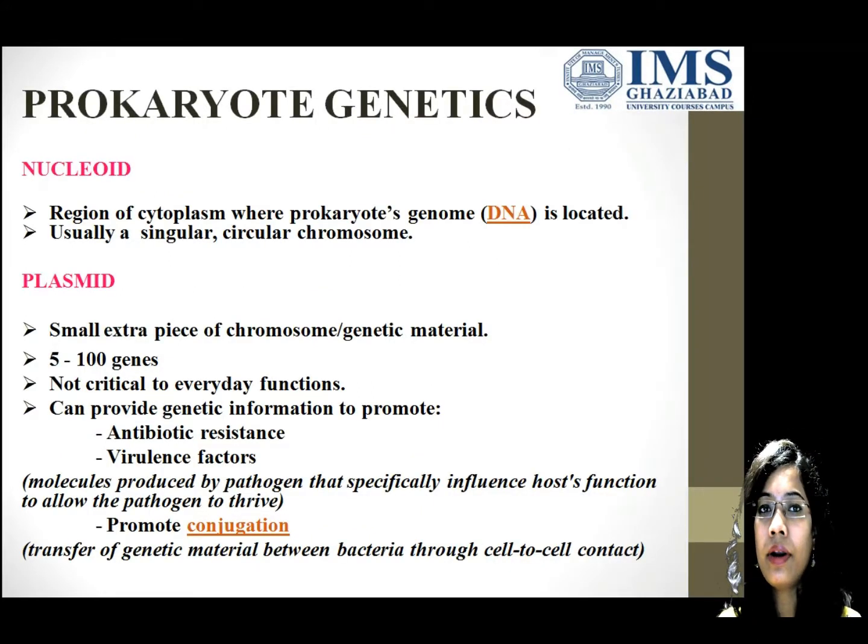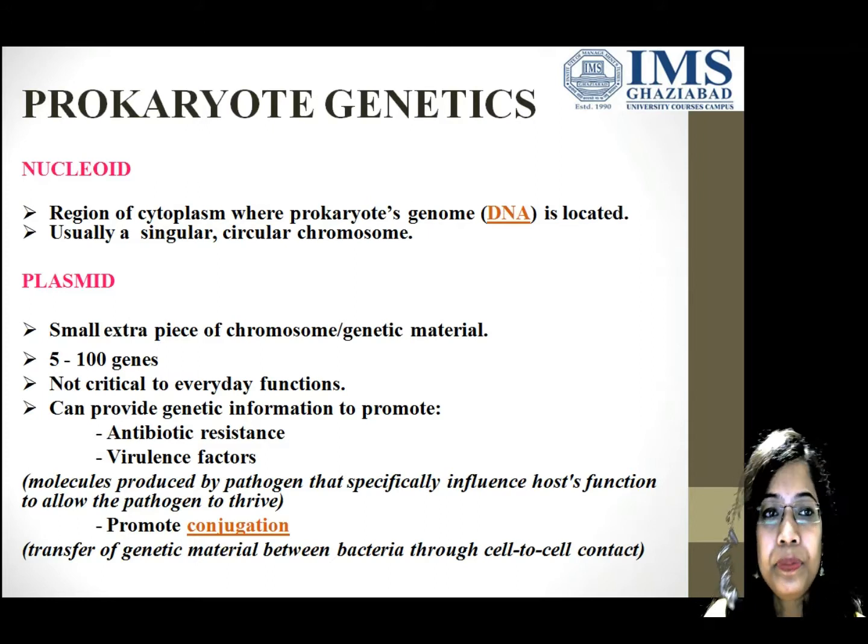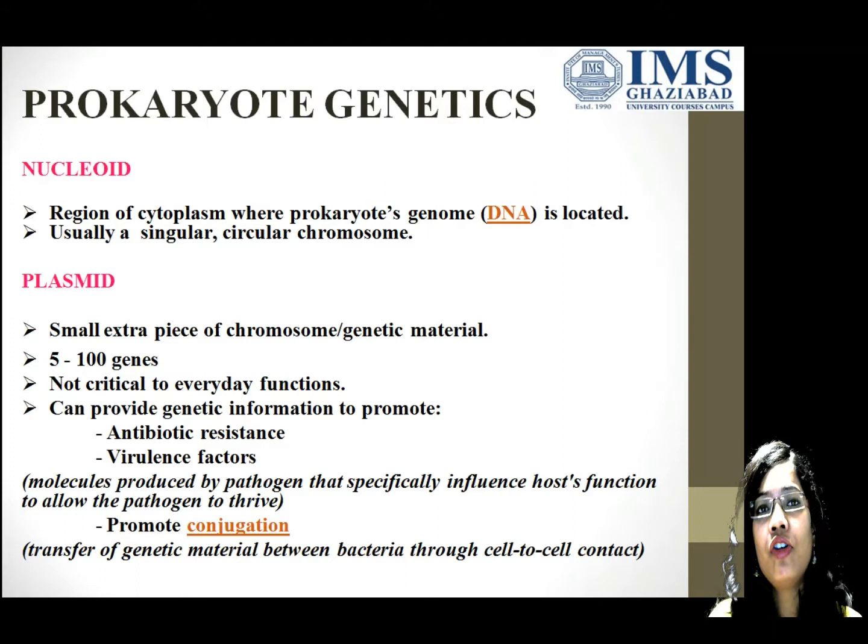Now comes prokaryotic genetics. Genetics, gene, genetic material. What type of genetic material is present in the prokaryotic cell? First comes nucleoid. What do you mean by nucleoid, and what is the basic difference between nucleus and nucleoid?